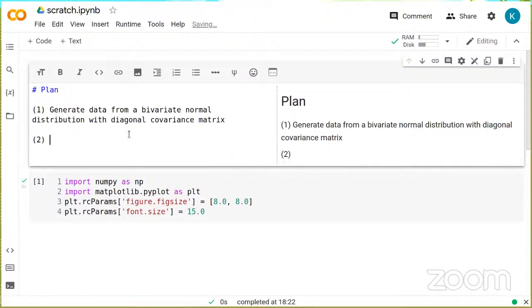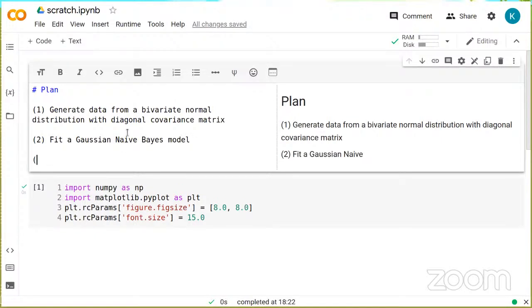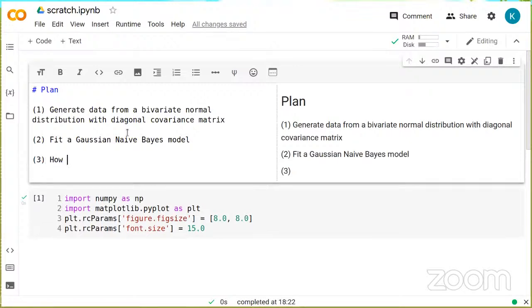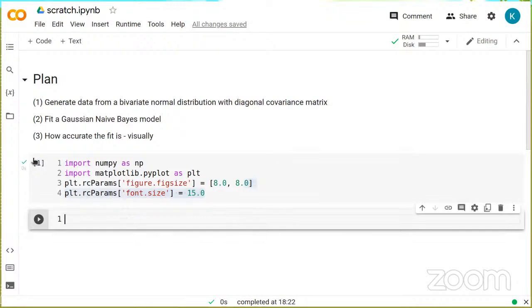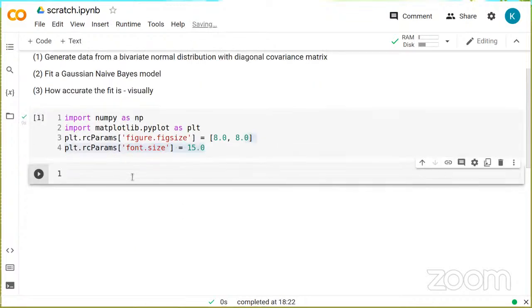Then we will fit a Gaussian Naive Bayes model, and then we'll see how accurate the fit is. We'll see this visually. I hope the plan is okay. This is what we'll try to do. Okay, so do you remember what we did for generating random numbers last time?